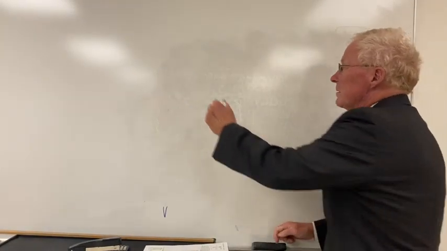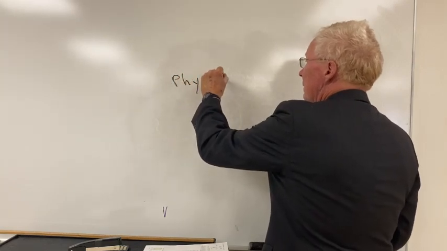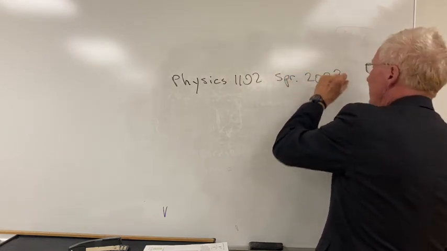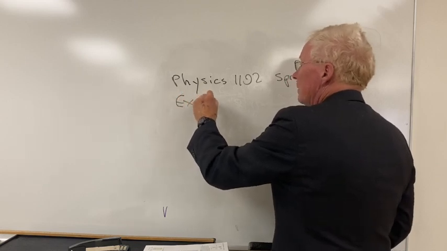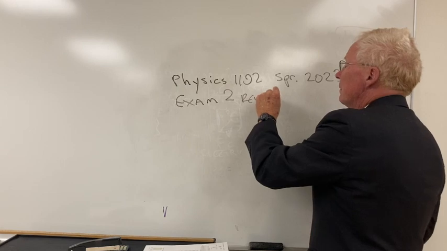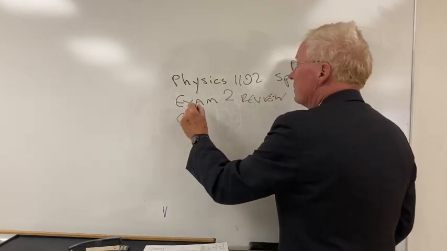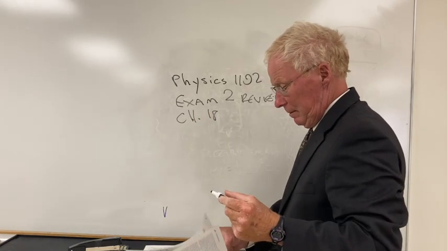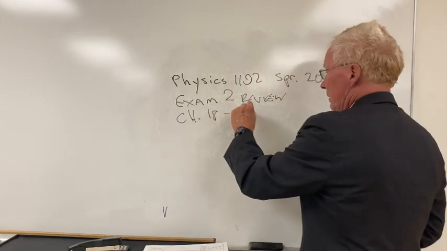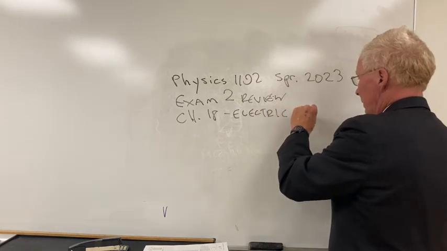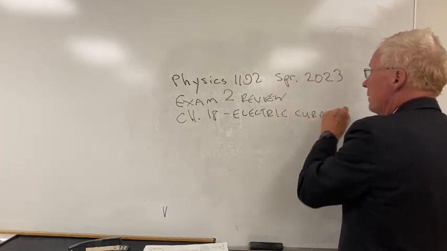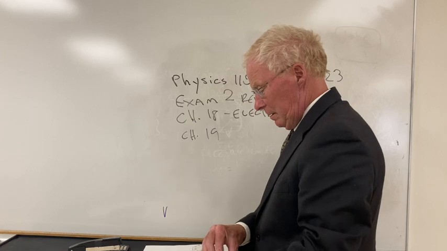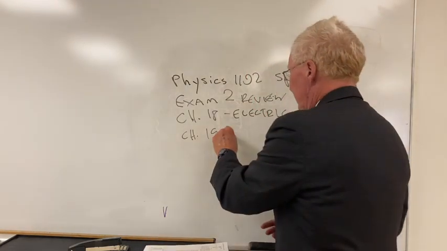Okay, this is Physics 1102, Spring 2023, the Exam 2 review on chapter 18, which is on electric currents, chapter 19, which is again on what you call DC circuits.